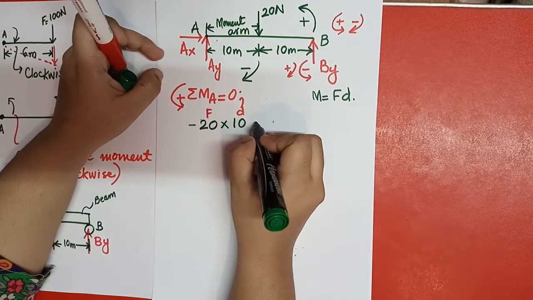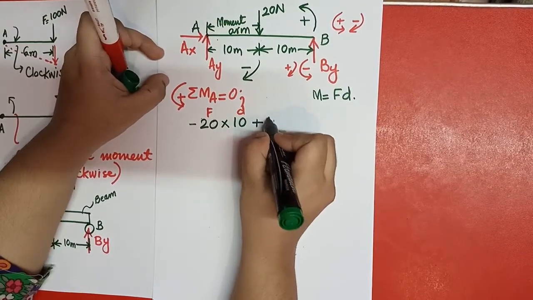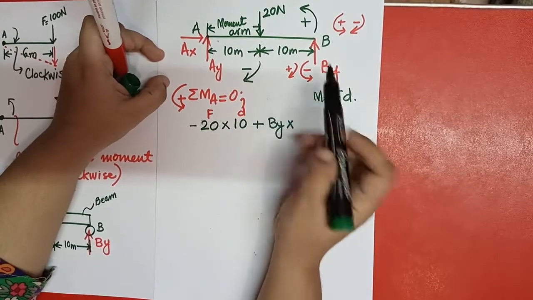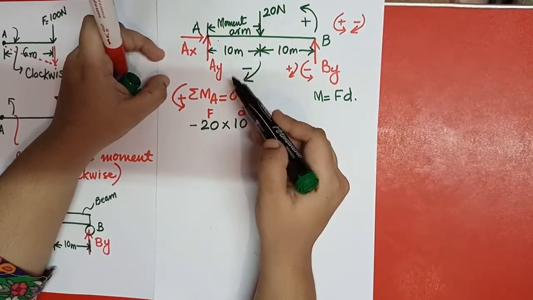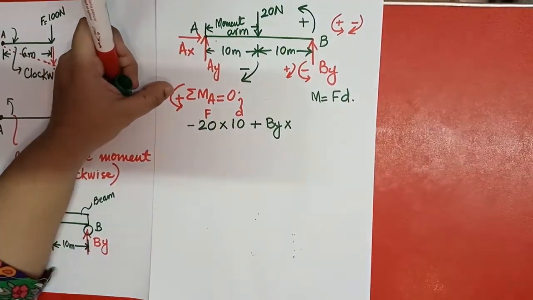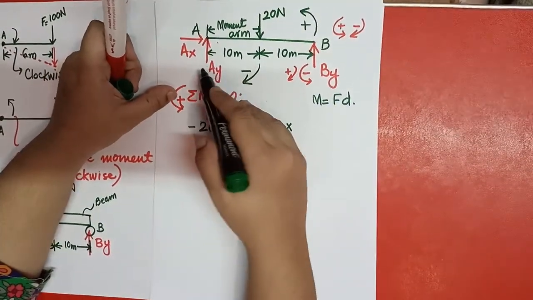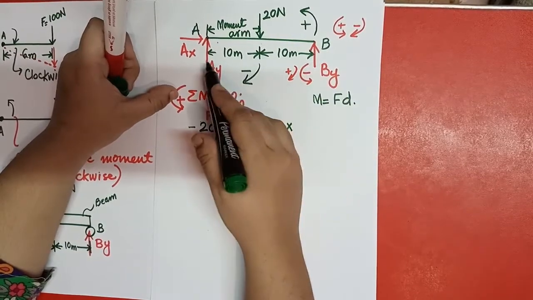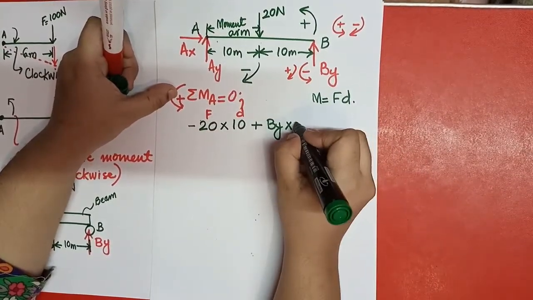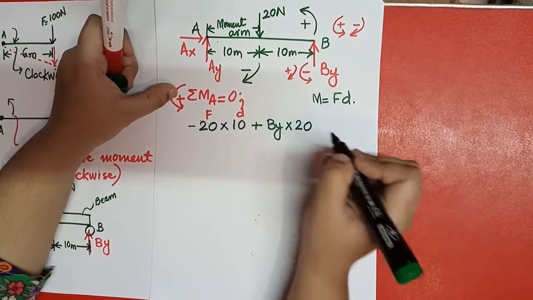So I write By as the support reaction, and it is positive because its direction is upward and it rotates anti-clockwise. The distance between point A and B is 20 meters, so I have to multiply with 20.